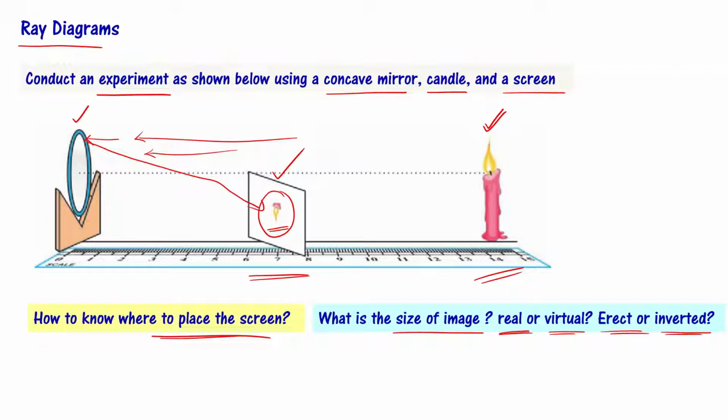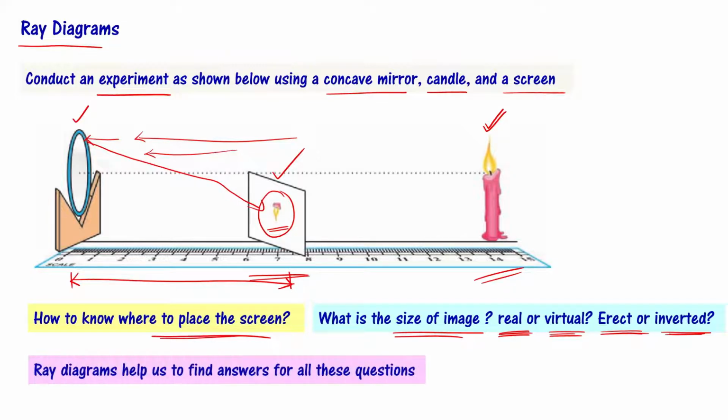So size of the image and whether it is real or virtual, erect or inverted, these are the kind of questions you can have, right? And where should I place the screen? How far I have to place the screen from the mirror? ఇలాంటి క్వశ్చన్స్ ఉంటే కనుక ray diagrams are going to help us to find answers to all these questions. అర్థమైందా?